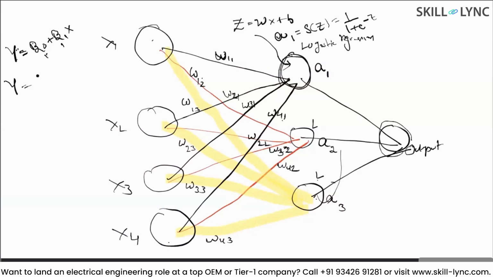Let's take this same analogy with Wx plus b. Do you remember how we evaluated beta naught and beta 1 in our linear regression? Yes, that learning rate, right? So we have to minimize our error. Using gradient descent, we came up with beta naught and beta 1, right?